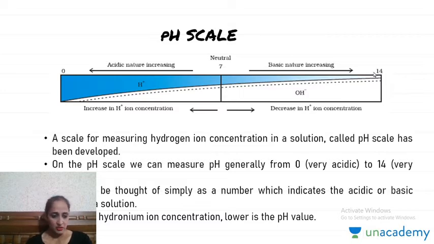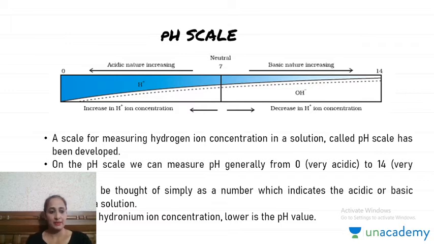So pH should be thought of simply as a number which indicates the acidic or basic nature of the solution. Anything between 0 to 7 is acidic, anything from 7 to 14 is basic, and 7 is neutral. So this tells you how to read a pH scale.